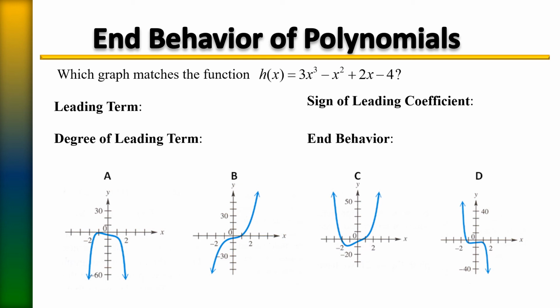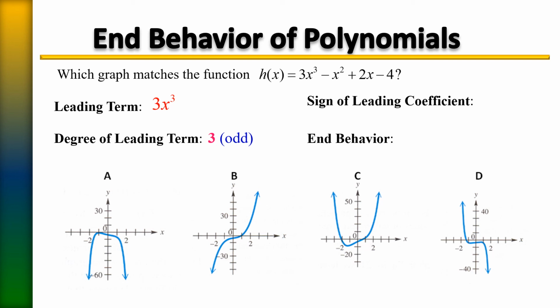In this case, the highest degree is 3x cubed. What is the degree of that leading term? The degree there is 3. 3 is an odd number, which means this is an odd polynomial, which means choices A and C we can cancel out. There's no way it can be choice A or C.